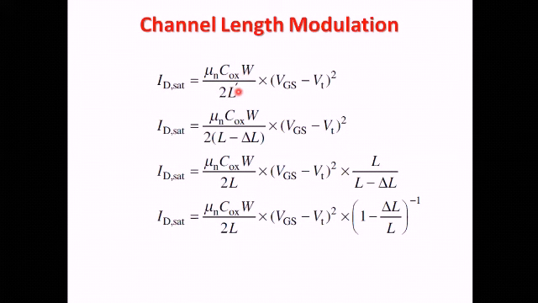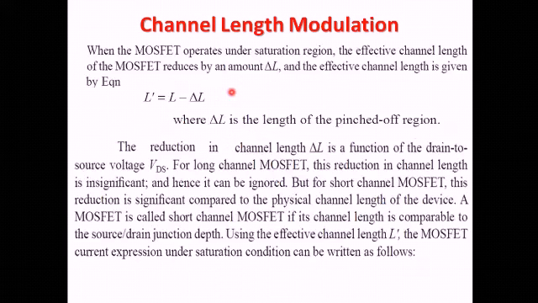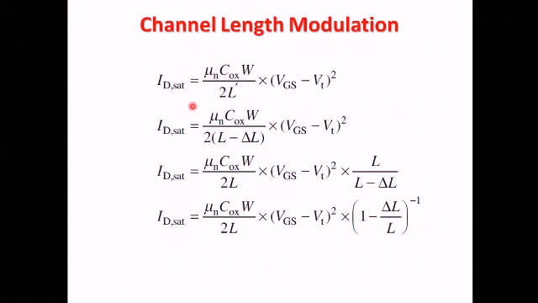We will be putting this L'. That is the equation L'. We know what L' is. L' is equal to L minus ΔL. We will be putting this in this equation and we will be getting this one. So ID saturation is equal to μn Cox W by 2(L minus ΔL) into (VGS minus VT) square.